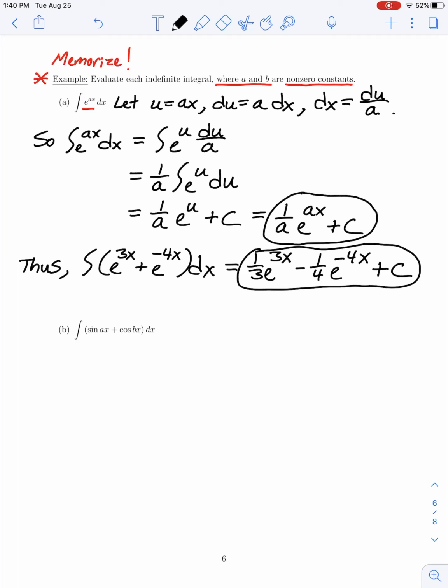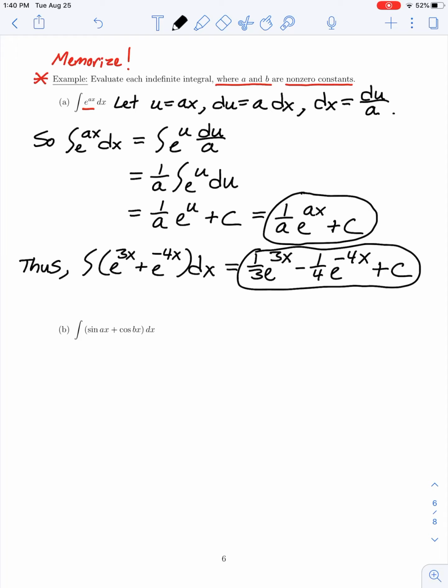Having this formula memorized will allow us to very quickly evaluate antiderivatives for these exponential functions that we'll see over and over throughout the semester.